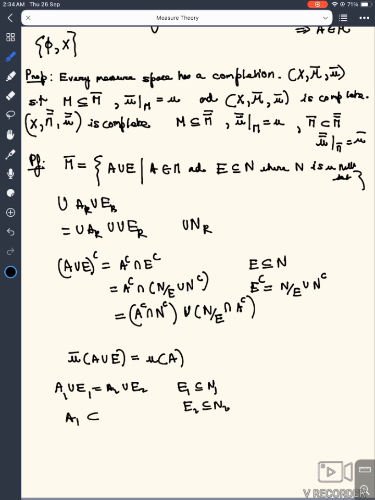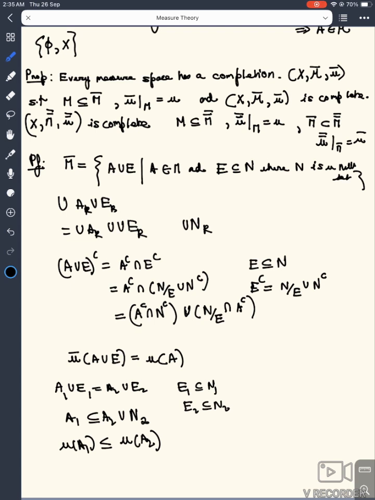Then A1 is contained in A2 union N2, so by countable subadditivity, since the measure of N2 is 0, this implies mu of A1 is less than or equal to mu of A2. The other way round, we get mu of A2 is less than or equal to mu of A1, so it's well defined. So this is the measure, and you can easily check that this is a measure, which follows from mu being a measure.